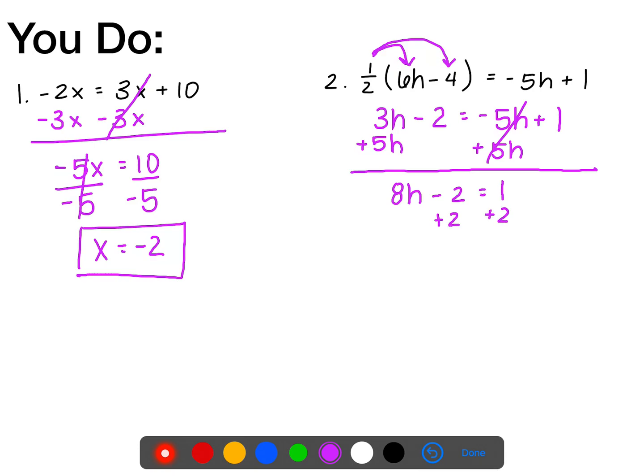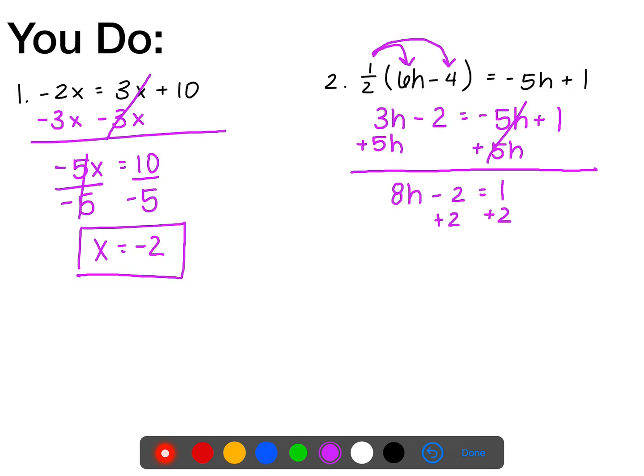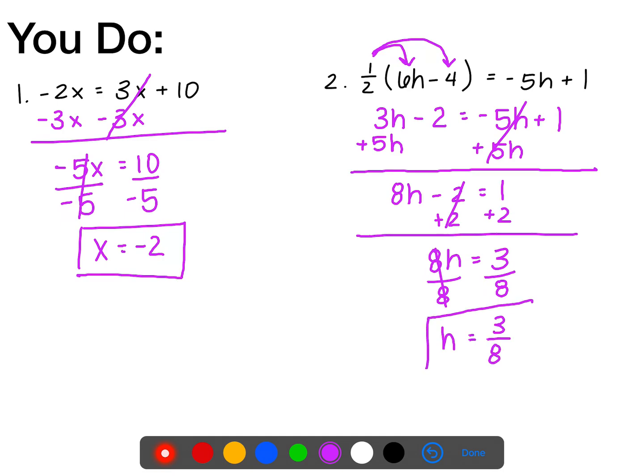So then I have to add 2 to both sides. When I add 2 to both sides, I get 8h equals 3. And then I divide by 8, and I get h equals 3/8, and you can leave it just like that. Fractions are okay.